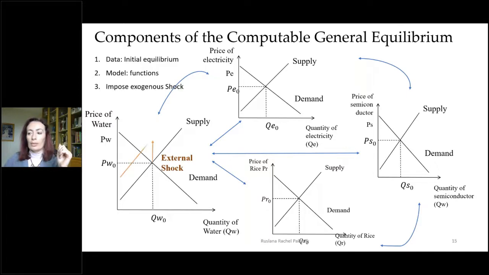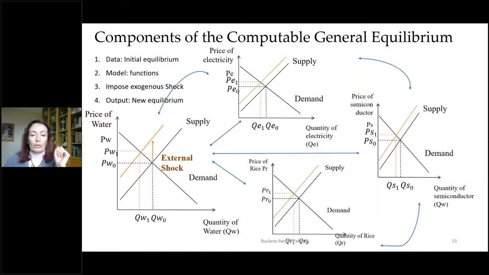Then we impose an exogenous external shock, such as drought or tax or any other kind of shock, and the model calculates the new equilibrium that is reached simultaneously in all the markets. Simultaneously because they all react and respond to the changes in each other.